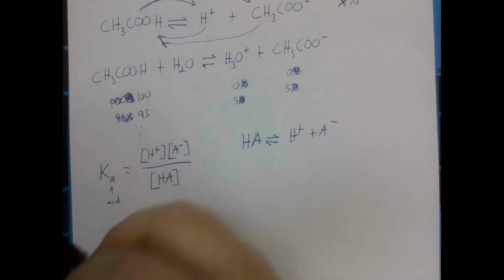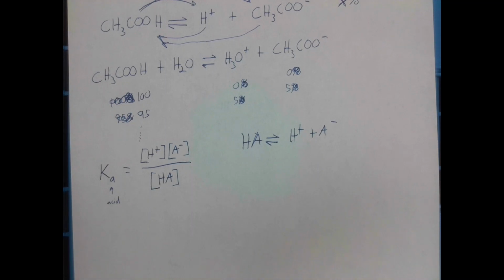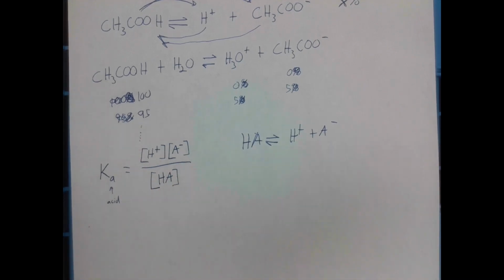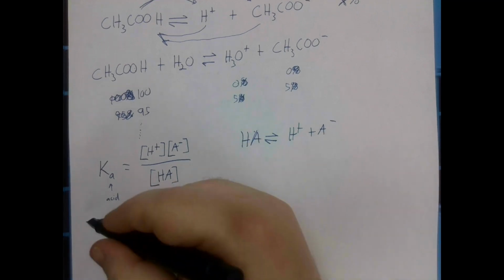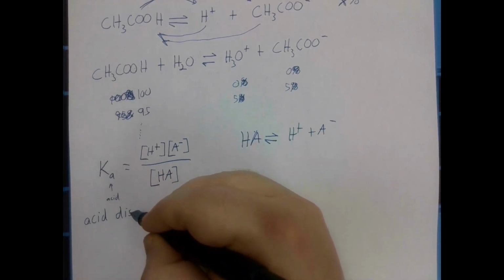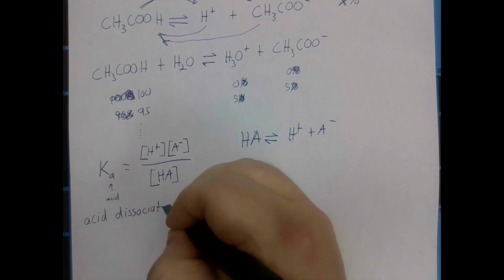And this Ka is called the acid dissociation constant.